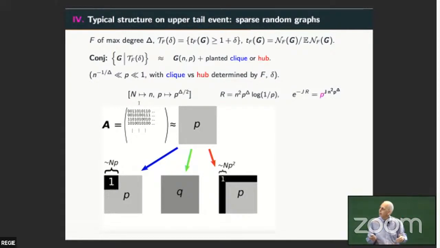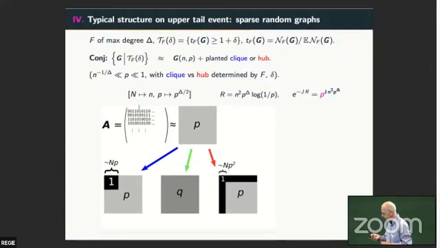The total number of ones you will need to put in will be n squared p to the delta. The probability of changing from p to 1 is p. So now you raise p to the power constant times n squared p to the delta, and you write it as e to the minus constant times r, and you recover this number r. That's the r that appeared in the original slide. That's how it comes to be.